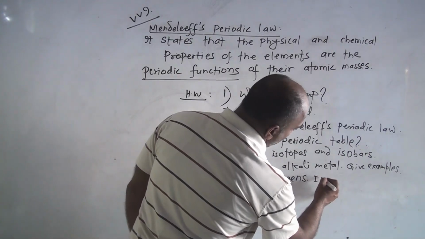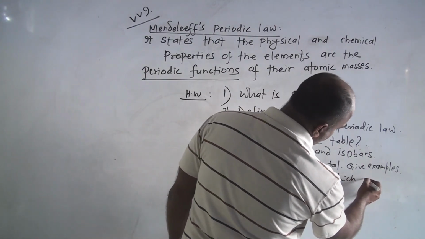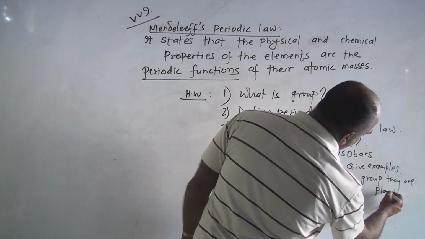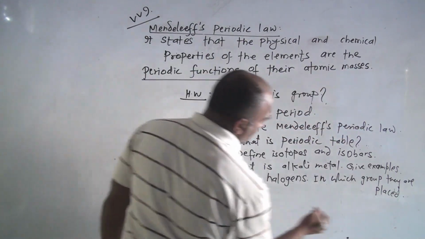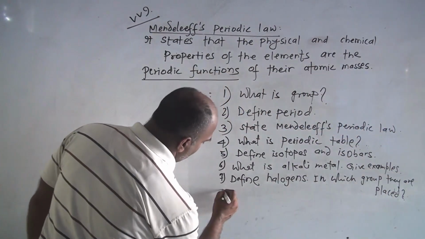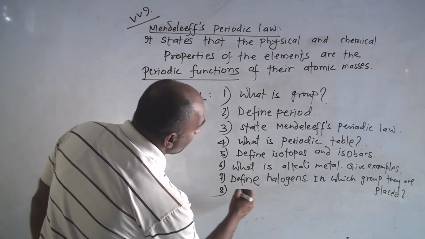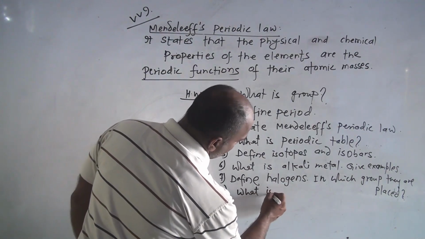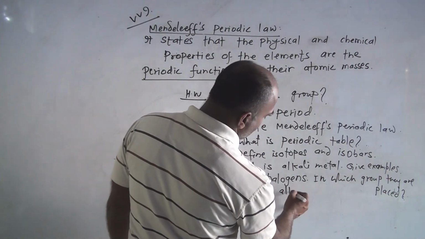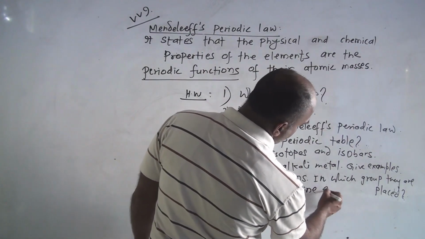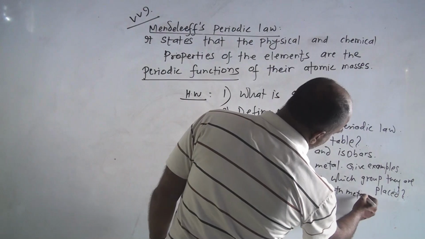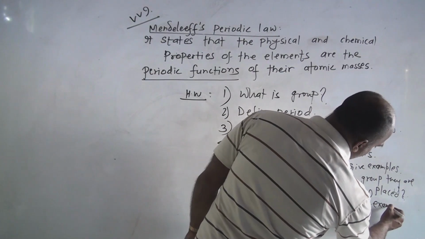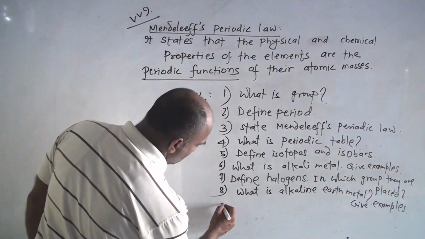In which group are they placed in the periodic table? Eighth number: State what is an alkaline earth metal. Give examples.